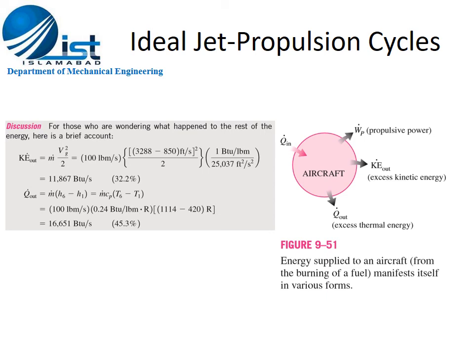The rest of the energy is converted into kinetic energy and heat output, which is known as excess thermal energy. So the energy supplied to an aircraft from the burning of fuel manifests itself in various forms, like kinetic energy and excess thermal energy as well.